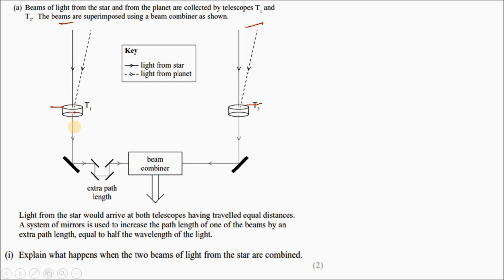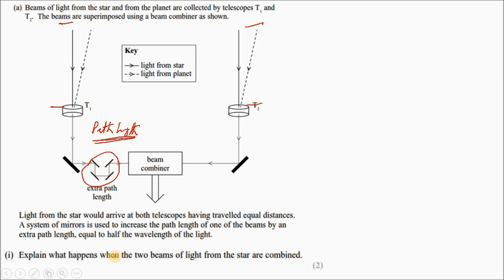But from T1, light first goes to some other mirror, and you see this light is going for some extra path, and this position is creating an extra path length, a path difference, in this region.